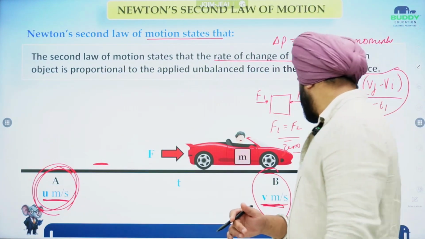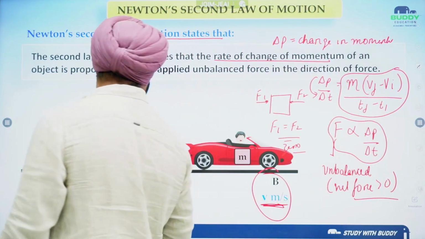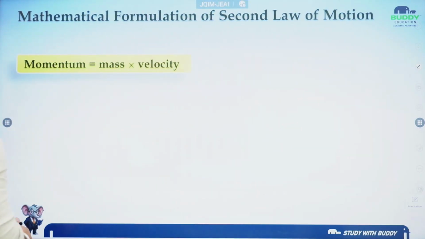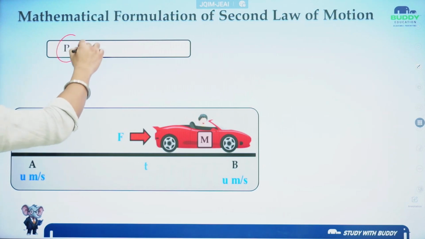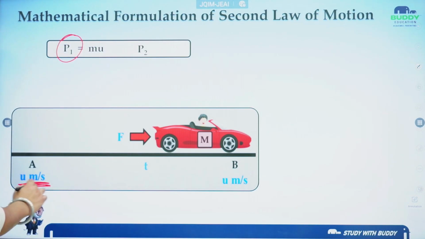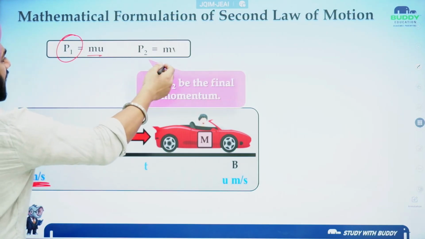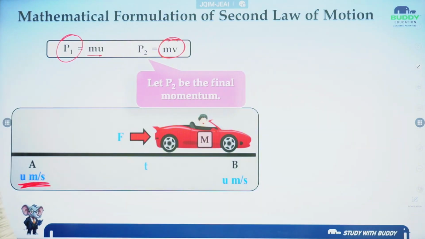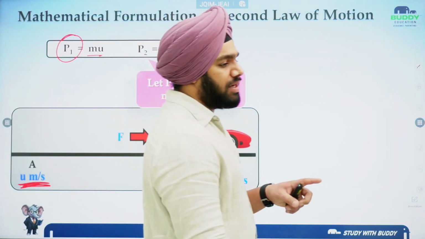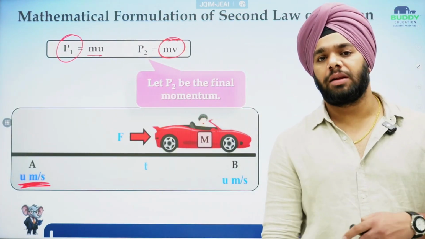Okay, then we can simply say that initial velocity was u, final velocity was v. So P1 here is mu, and P2 is simply mv. P1 was the initial momentum, P2 was the final momentum.